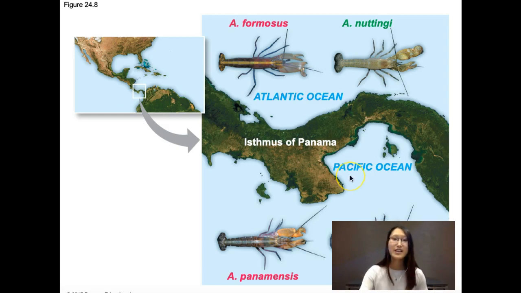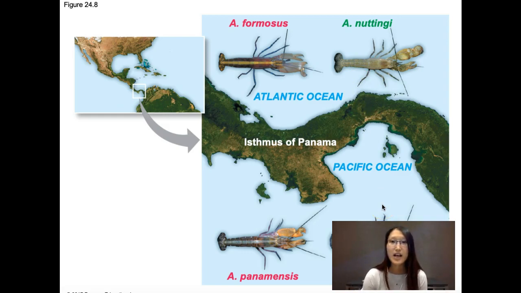So these shrimps that were living in the Atlantic Ocean and the Pacific Ocean were able to have their gene flow because it was all one part. There was no barrier in between the two populations. However, this Isthmus of Panama started rising and rising and rising from the bottom of the ocean, and eventually separating the two parts of the ocean, the Atlantic and the Pacific Ocean.